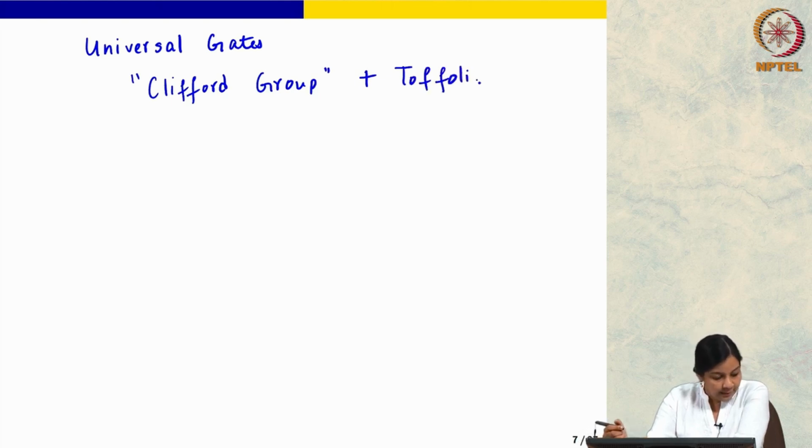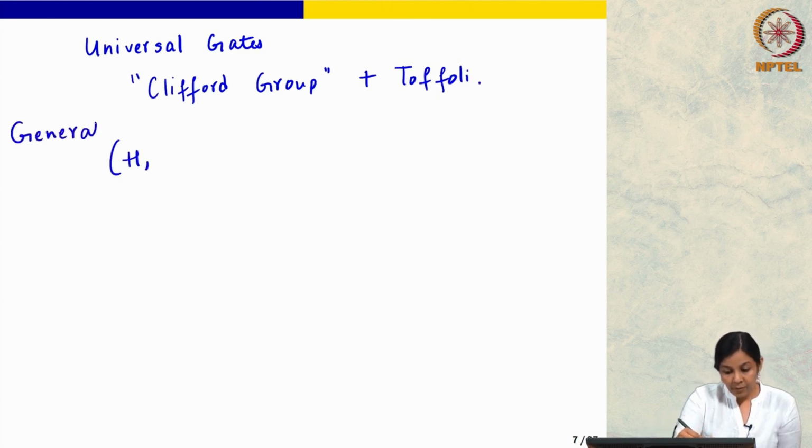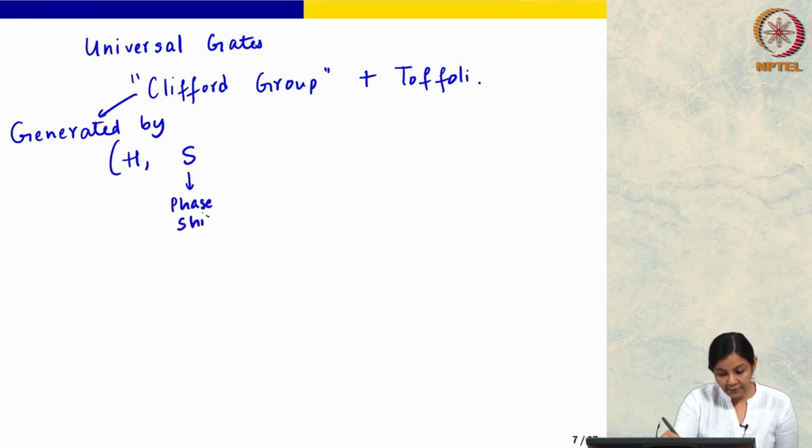And what are these Clifford gates? Does anybody know? We have not studied them in this class, but does anyone know? Basically, this is a group of gates that is generated by the Hadamard gate, the phase shift gate, which we have seen before, and the CNOT gate.